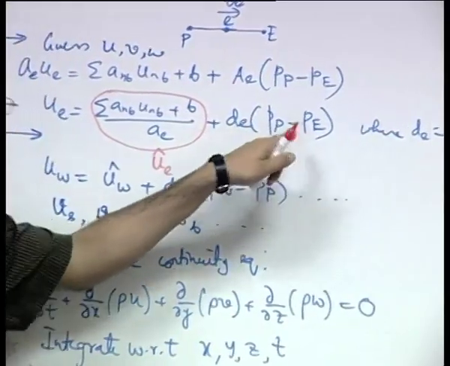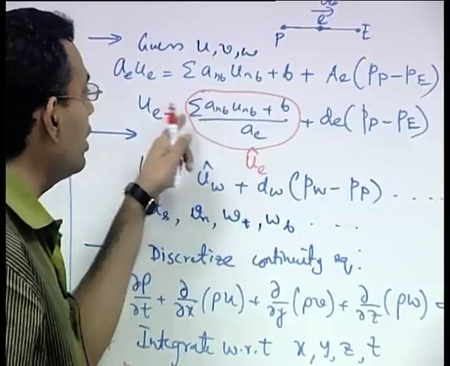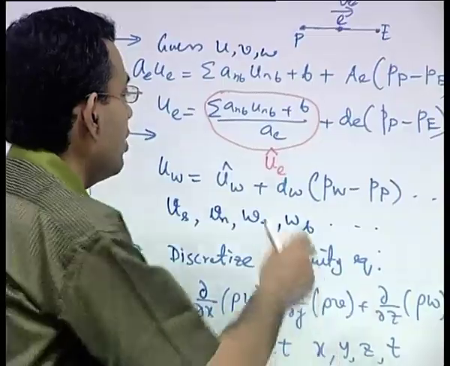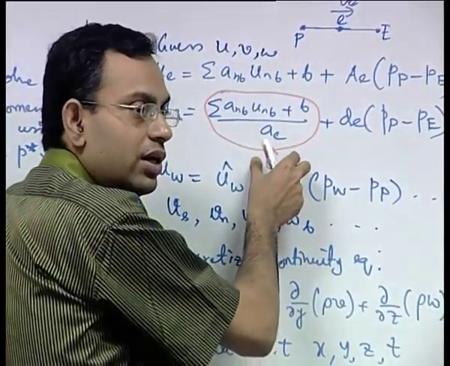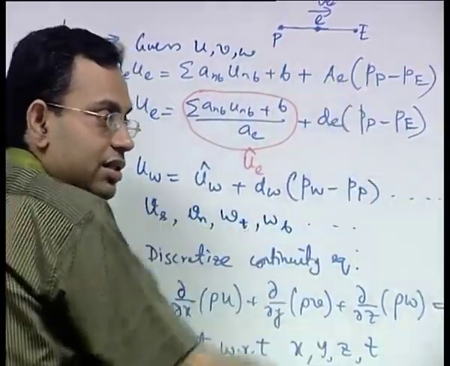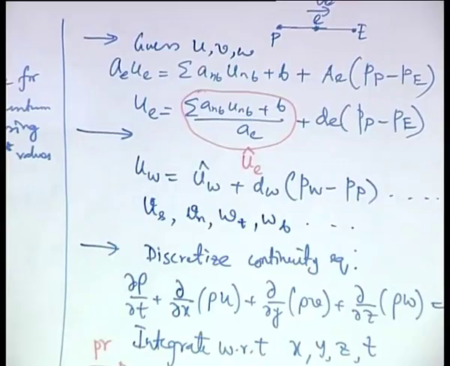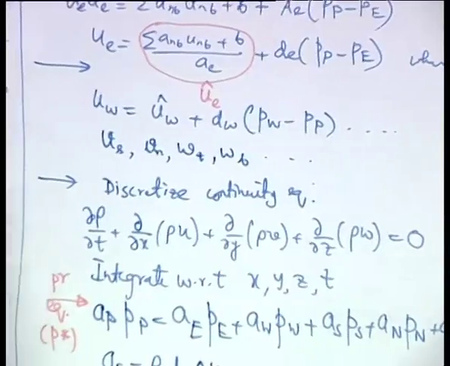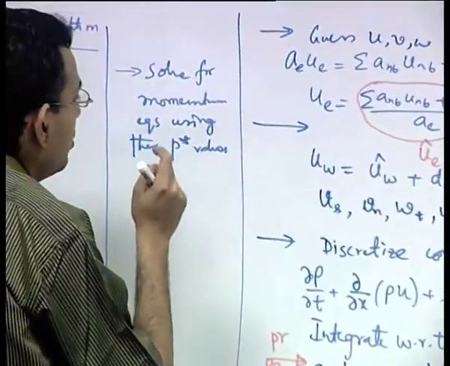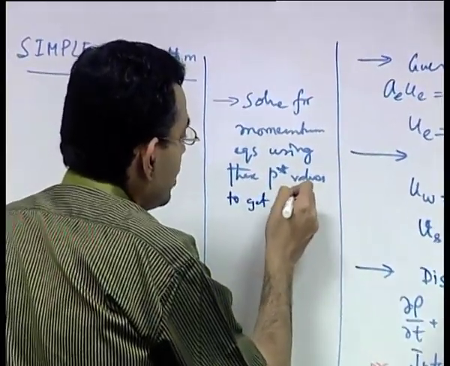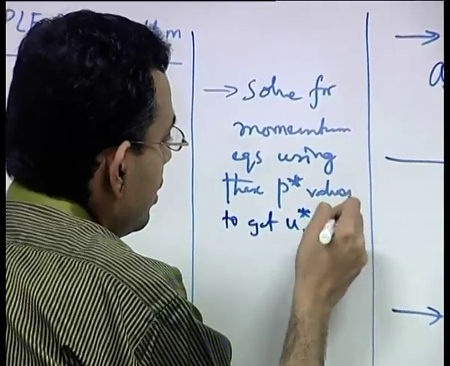Now you know the pressure values, so now you can calculate the velocities from the momentum equation. Of course you do not now write it as a bulk or block quantity ue hat, but you can solve for the velocities because pressure is now already solved, although it is an intermediate value during iterations. So using these P star values you solve for the momentum equation to get u star, v star, w star.